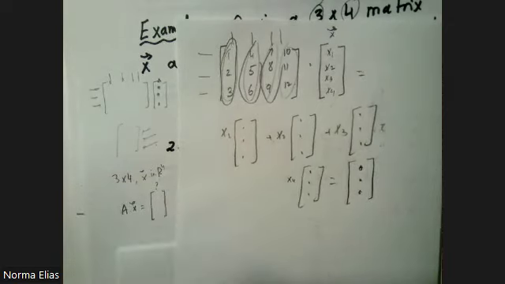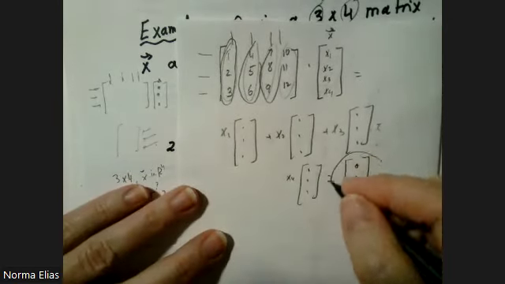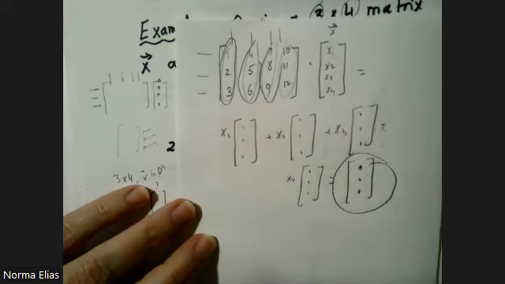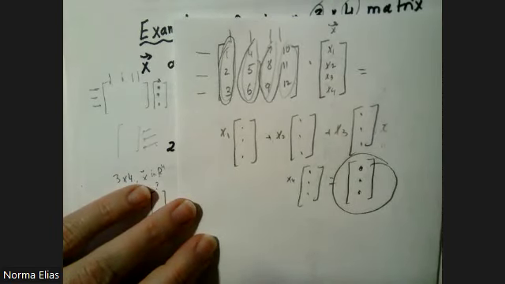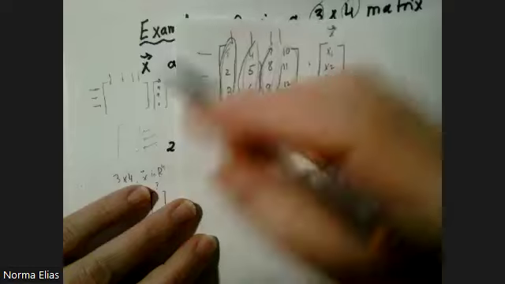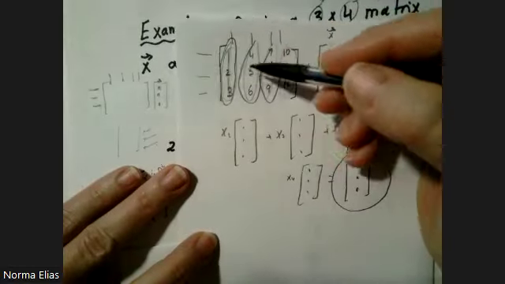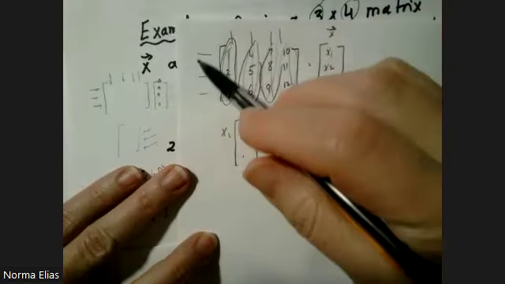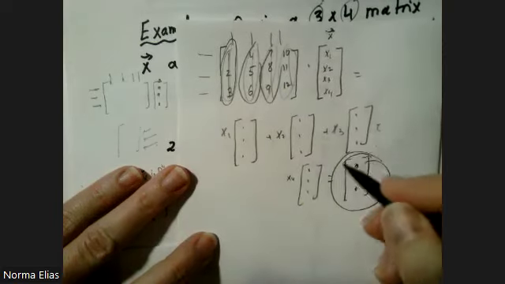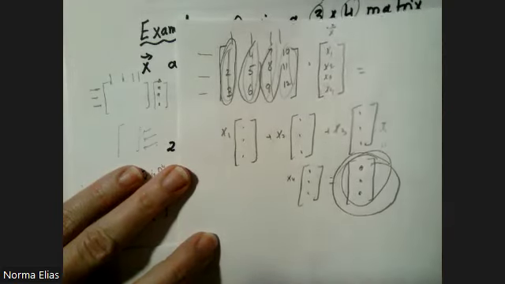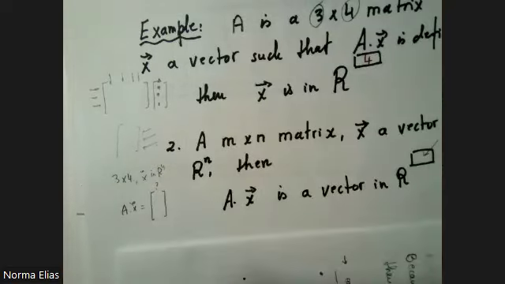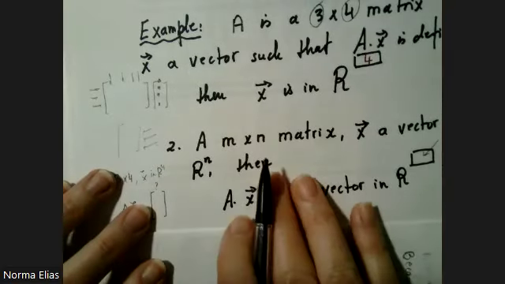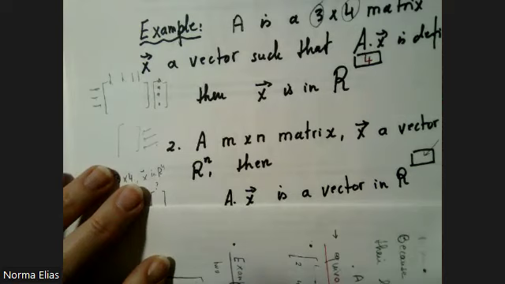So A times X is going to be a vector in R3. I stop. Is that clear why it is 3, not 4? Because it's a combination of the columns. Each one of them has 3 entries because at 3 by 4, it means the resulting one will have 3 as well. So what's going to be the answer here in general?